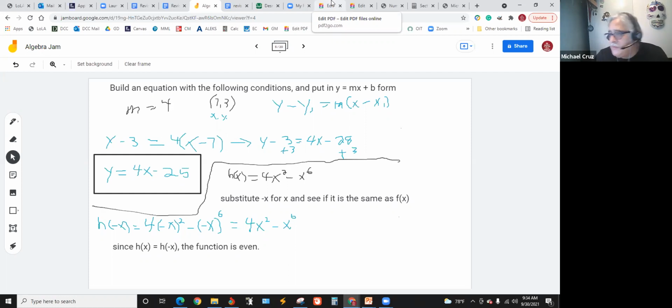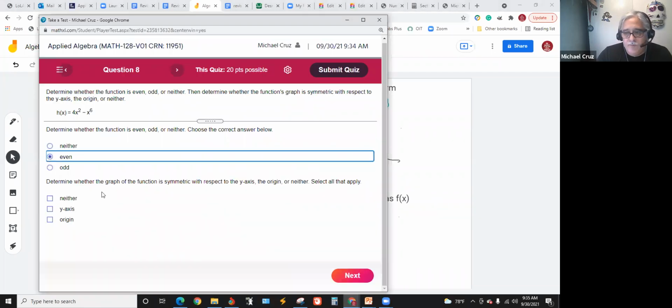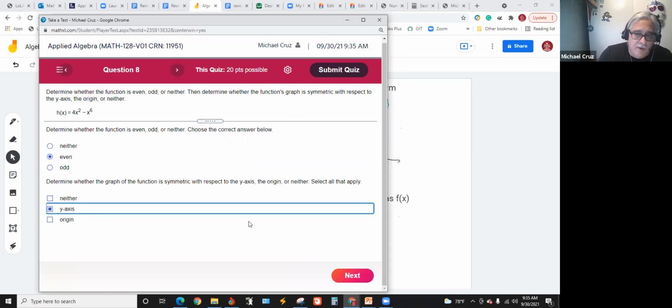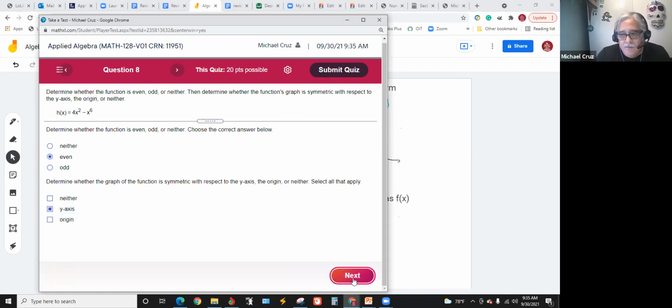Any questions? All right, let's go back. So it's going to be symmetric with regard to the y-axis. In other words, it's a mirror image. Because that's the definition of an even function.